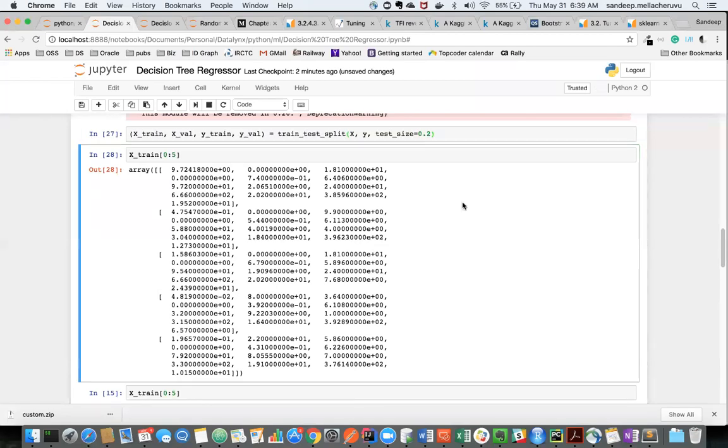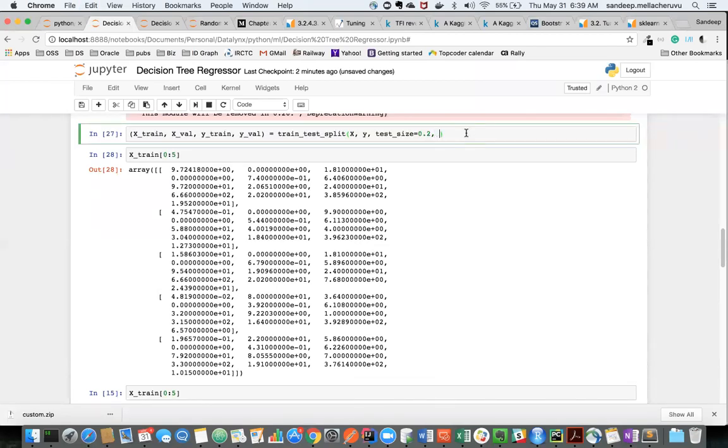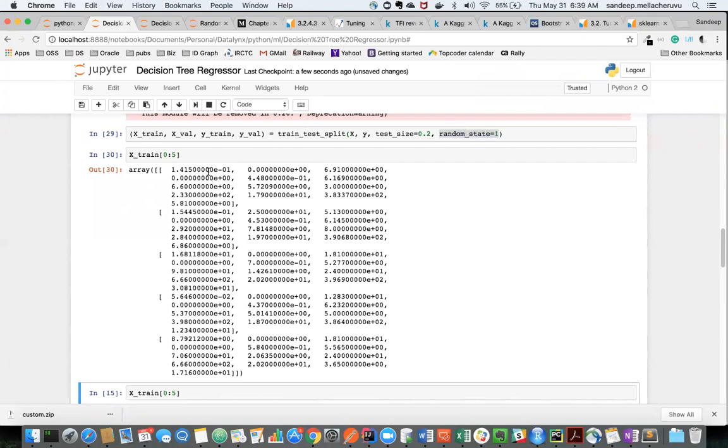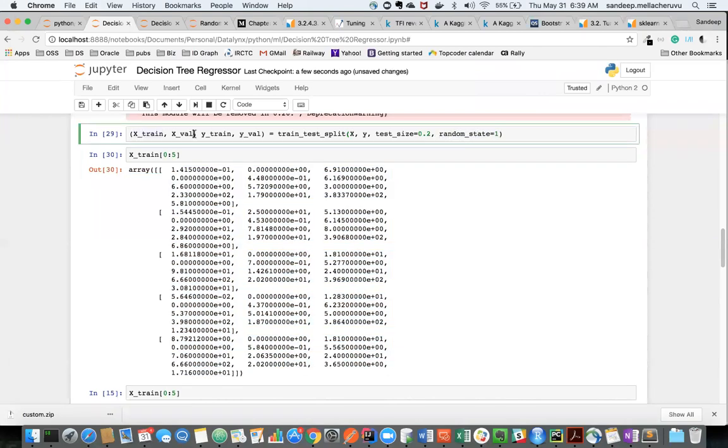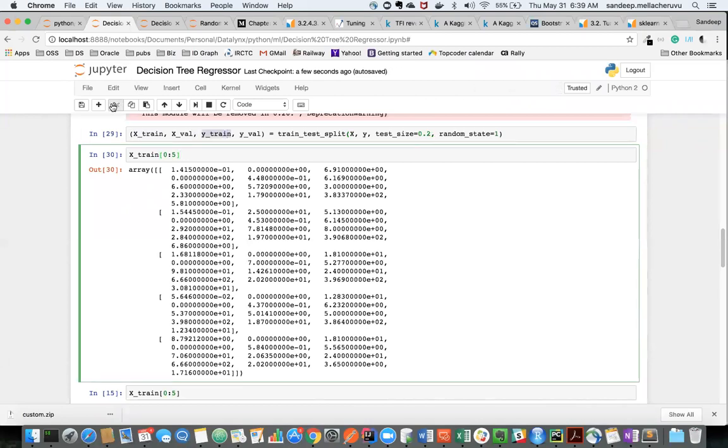So for that, you set this random state. As long as you remember your random state, you get the same set of data for training and test. The division will be exactly the same. Are you clear, Vijay, now?